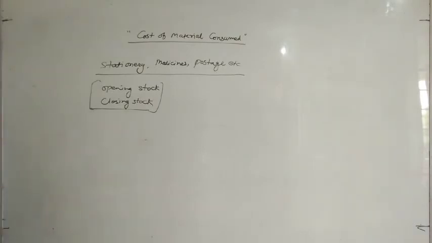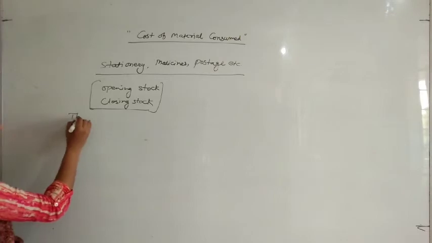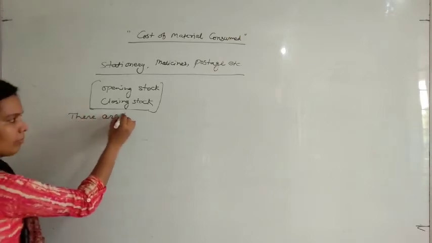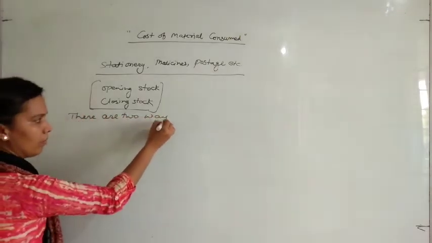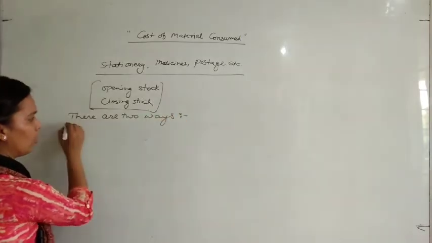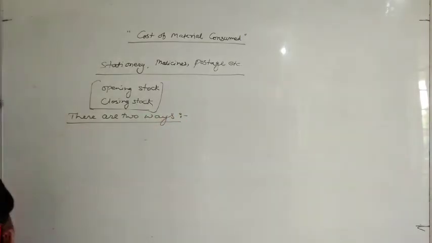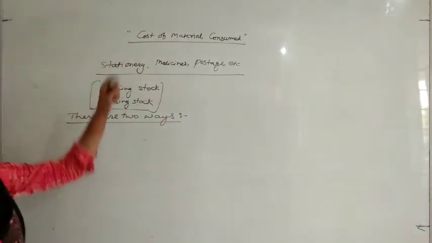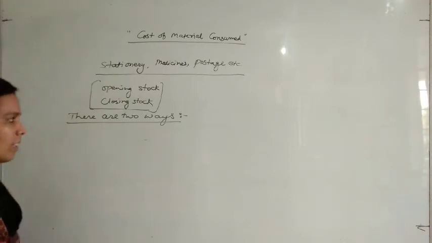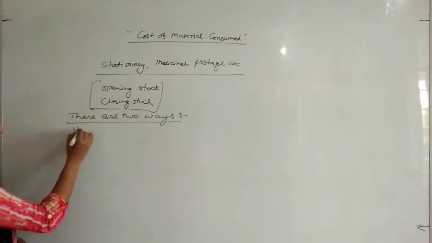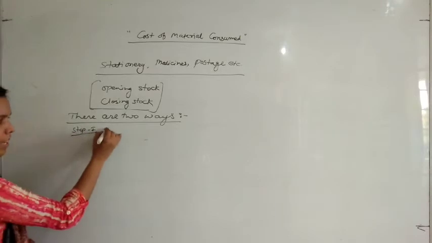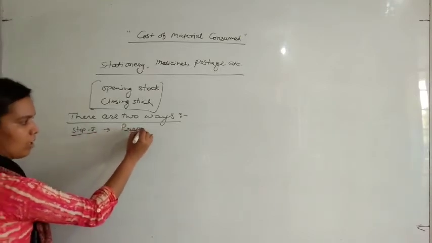So what will be the method of finding the cost? Actually there are two ways of this concept, that how we will find cost of material consumed. The first way will be to prepare creditors account.